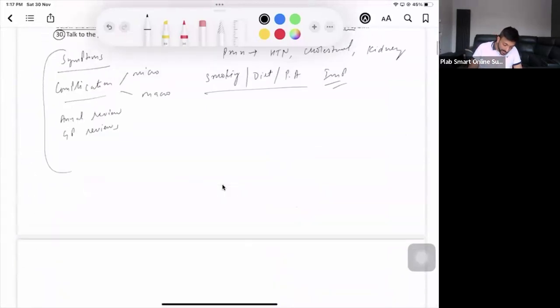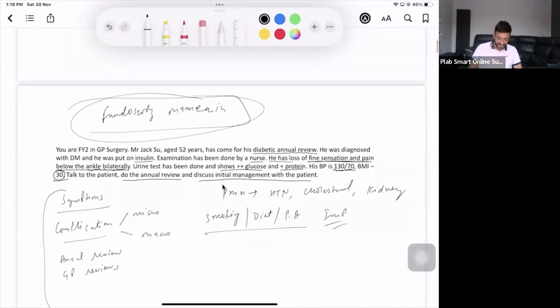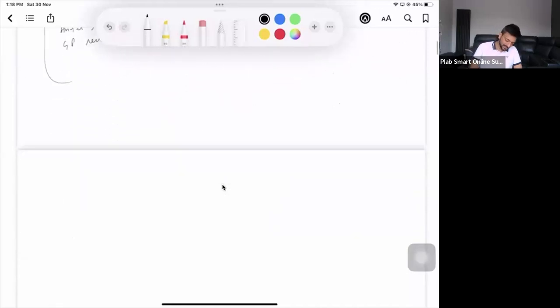If you check the question, you have been given the blood pressure, the BMI, and the findings of foot examination. There's a loss of fine sensation and pain sensation below the ankle bilaterally. What they have not given you is the fundoscopy finding, and that's why the fundoscopy mannequin is there. In this particular station, you will do fundoscopy.